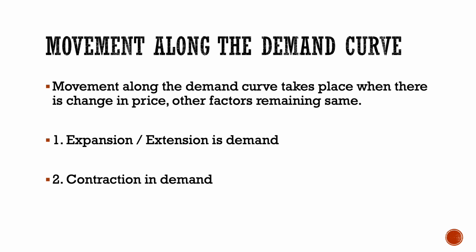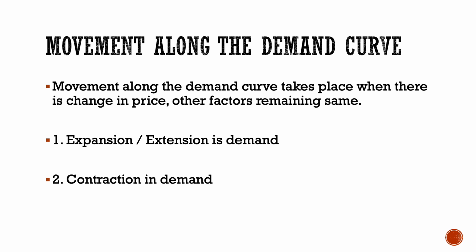Now change in price can be an increase in price and also a decrease in price. Change means increase as well as decrease. So movement along the demand curve takes place when there is a change in price, other factors remaining same.